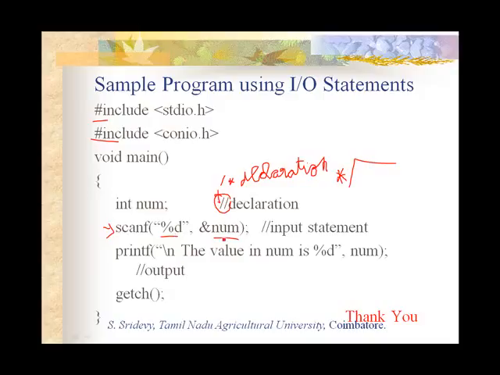So the value is read and assigned to num. Now I go for a printf statement. Here also you need not use this comment statement. I made use of the comment statements which are used in C++. So I'm sorry, you rewrite the comment statement. It is wrong. I strike it out.